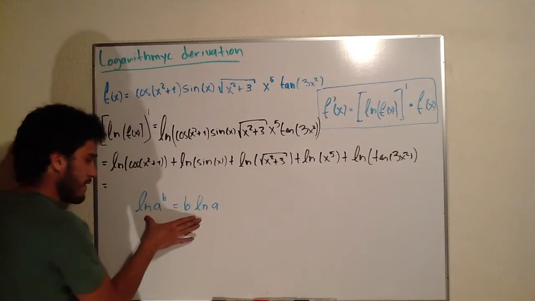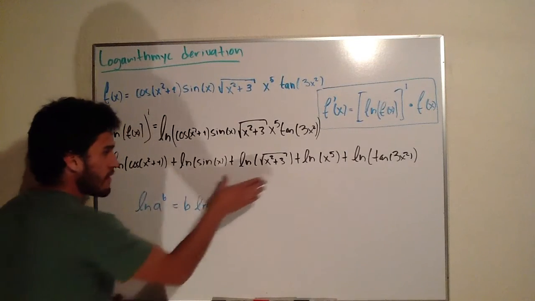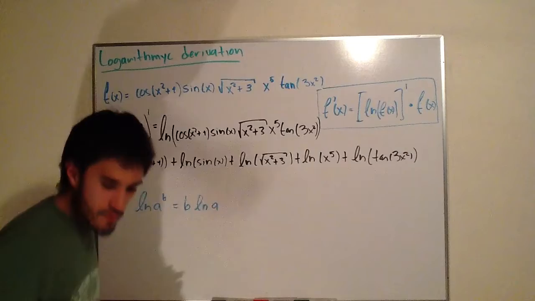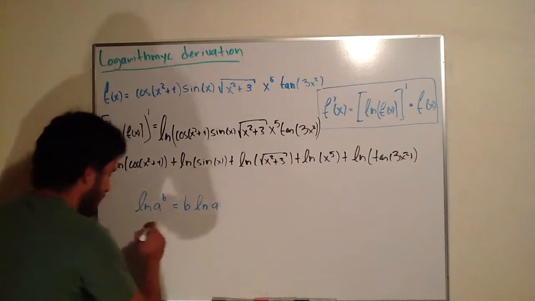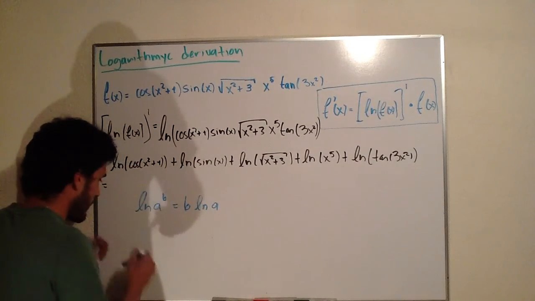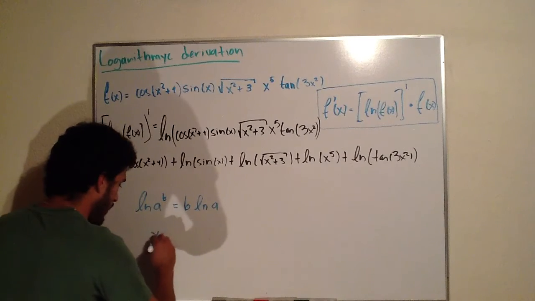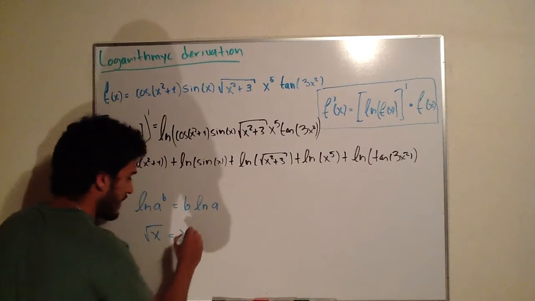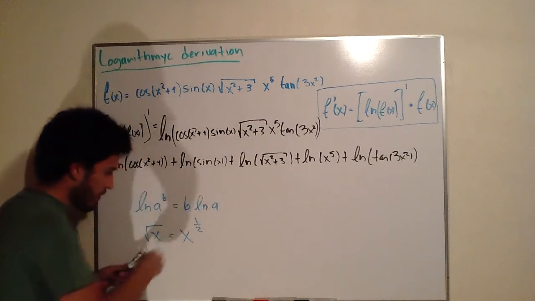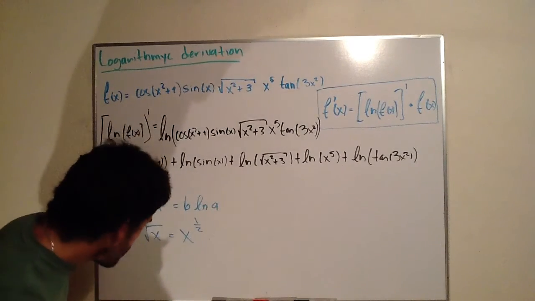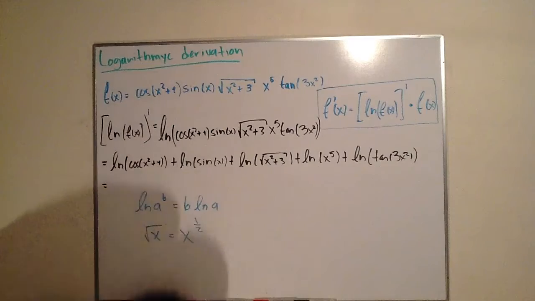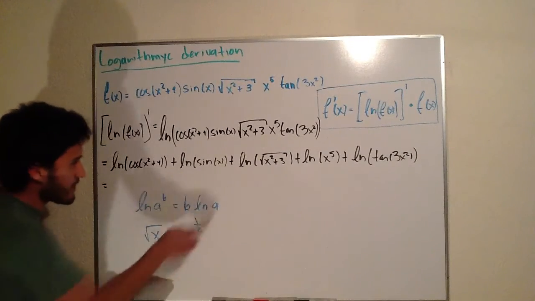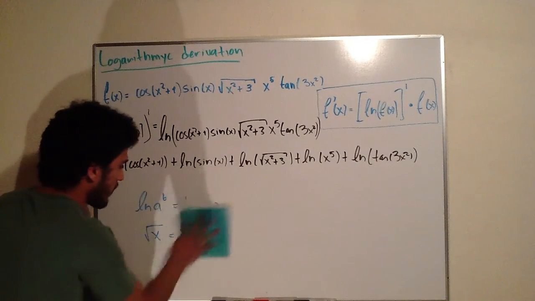So if we apply this property on this one, remember that the square root of x is the same as having x to the power of 1 divided by 2. Considering these two properties, we can put this in another way.